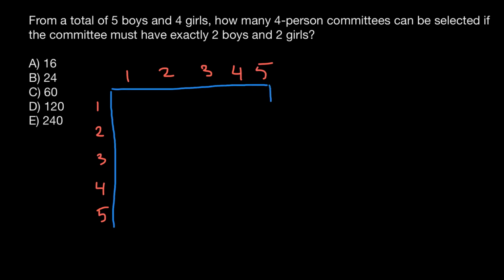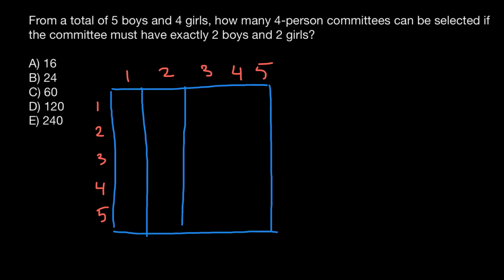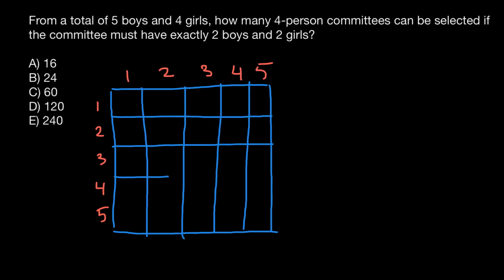This is going to be a square 5 by 5, so 5 columns and 5 rows, 1, 2, 3, 4, and 5. Now let's list all the possible combinations.